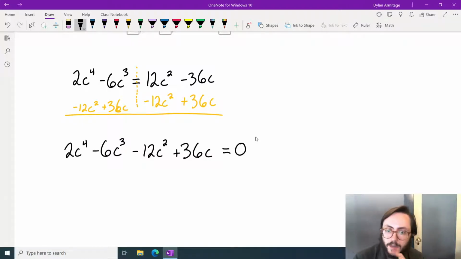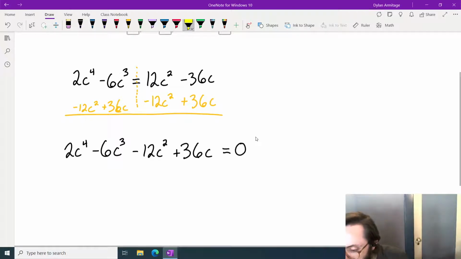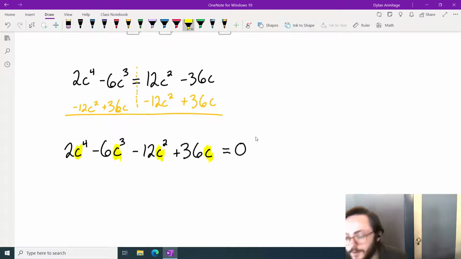Now, we can start factoring it. First thing we can notice here is that every term has at least one c in it. We have c to the fourth, c to the third, c squared, and c to the first. But then we also have 2. Every number here is divisible by 2. Every number is even.